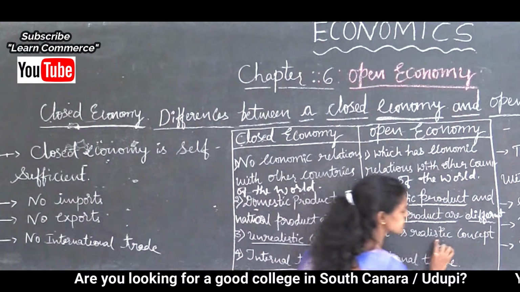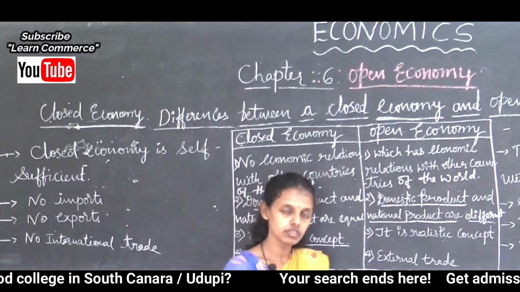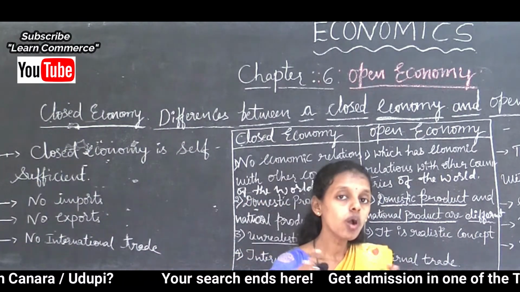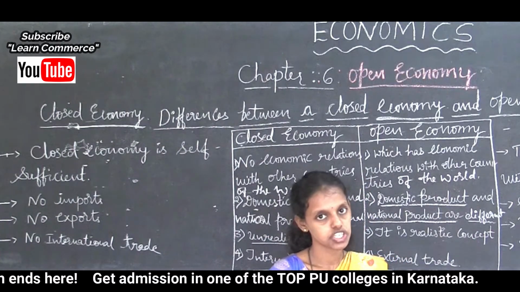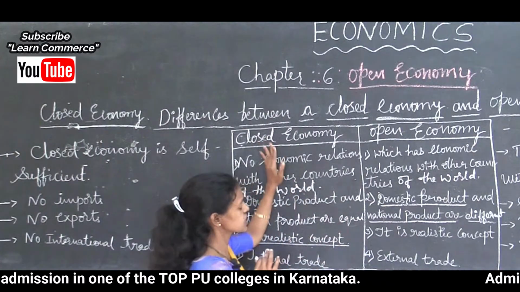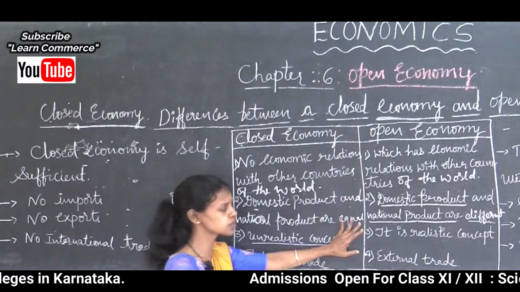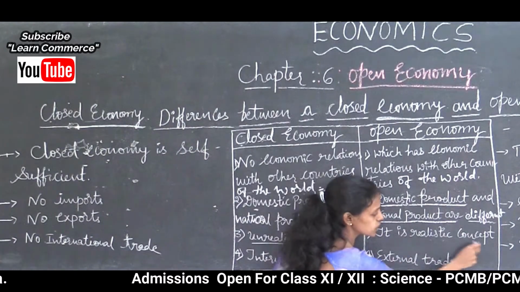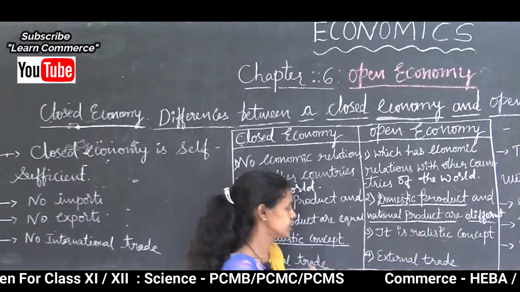Thus, it is a realistic concept. In the real world we can see open economies, not a closed economic situation. A closed economic situation is very rare, but open economic situations you can see everywhere in the world.